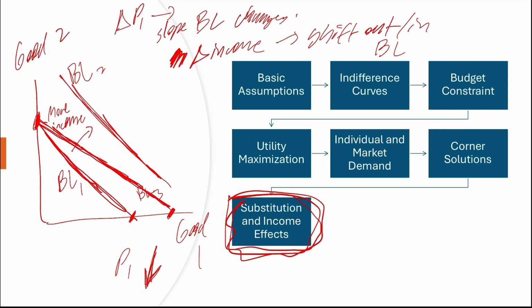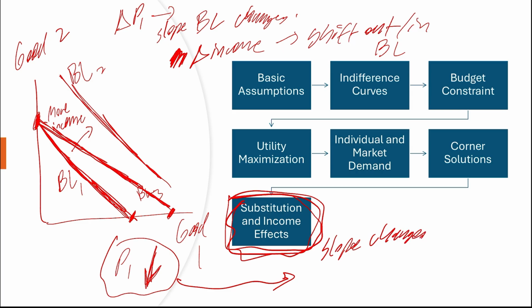And so if we just look at these two here, we can see that when the price of good one goes down, there's really two things going on. One, the slope changes. That's what we're going to call our substitution effect.